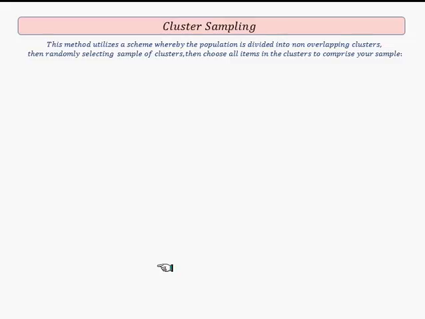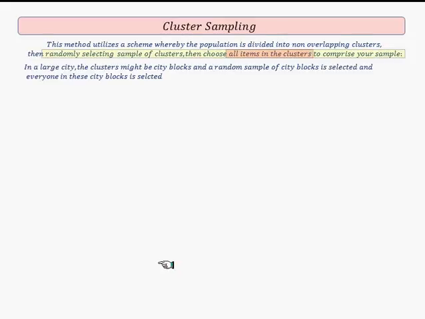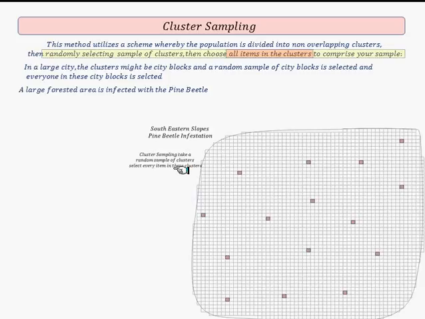The next method is called cluster sampling, and this involves the population being divided into non-overlapping clusters, ideally all the same size or similar size, and then we take a random sample of clusters.